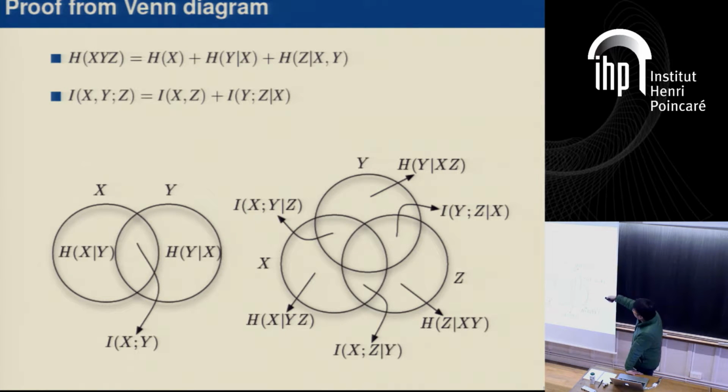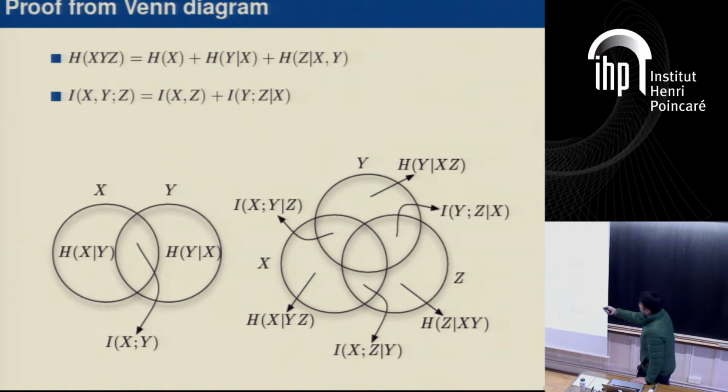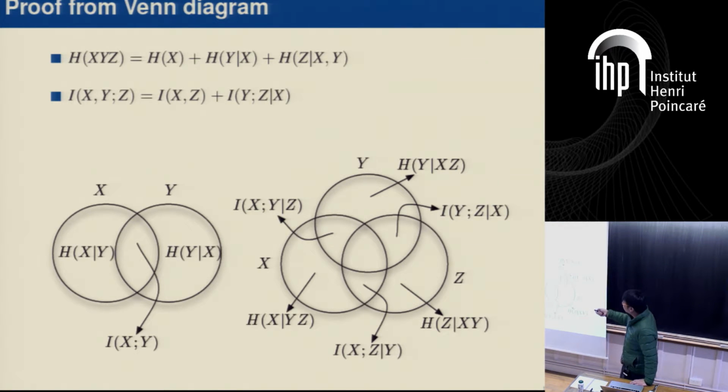So what is the mutual information between X, Y, and Z? X, Y as a whole will be these two circles, and this is Z. Their intersection, the mutual information, will be this three part. Now, to calculate this three part, I can first look at these two parts.